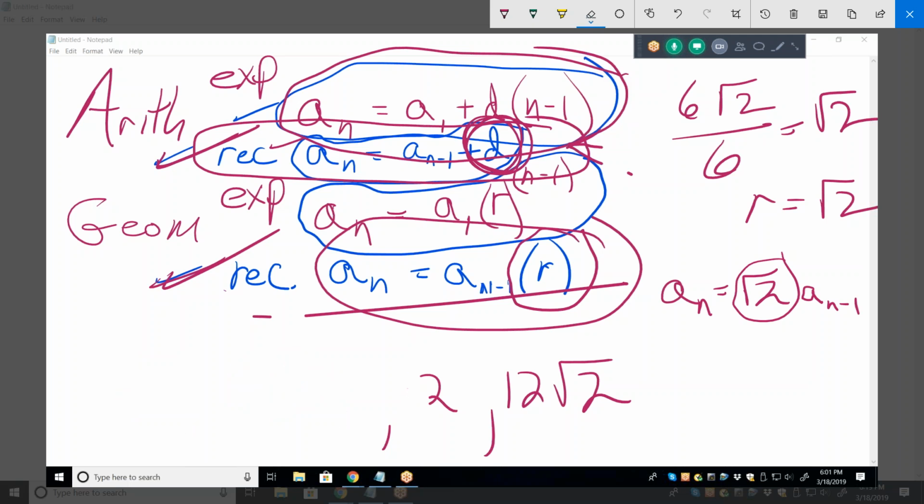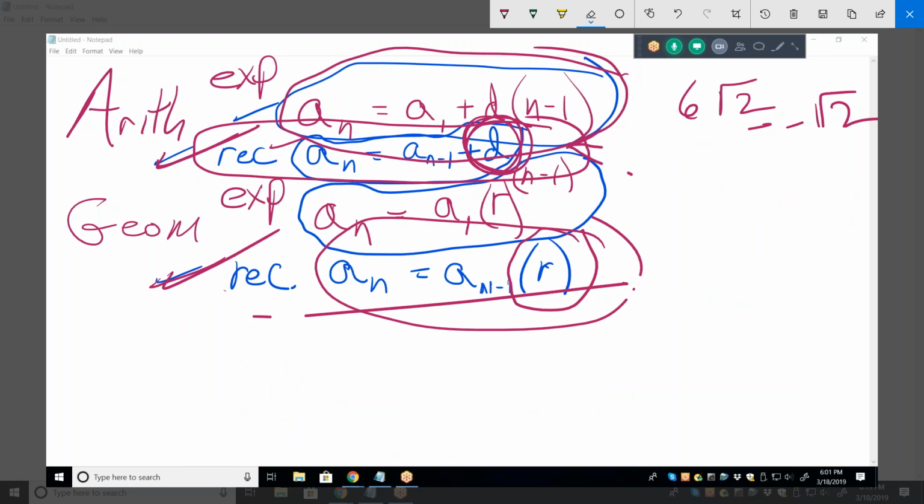What else? It's going to get a little bit harder. Usually they'll give you the second and the fourth term, and they'll say, give me the sequence or the explicit definition. And then you end up with 2 equations and 2 unknowns, and you have to solve a system of equations.